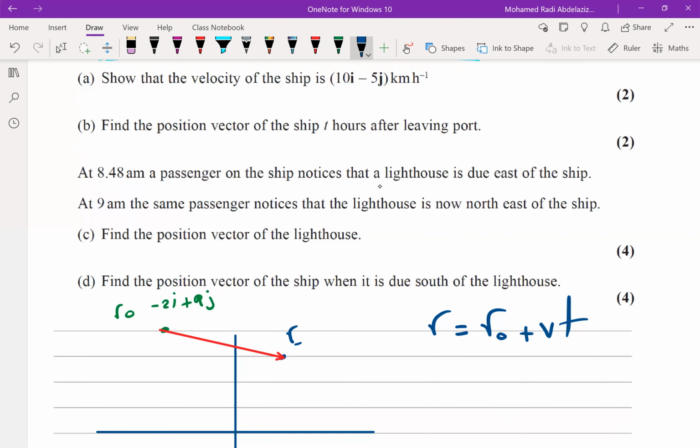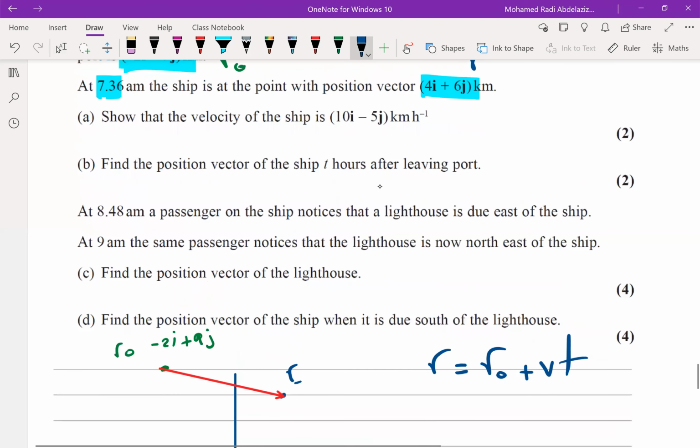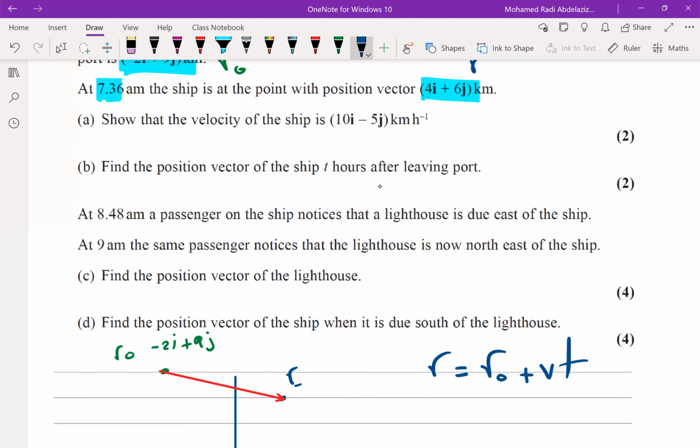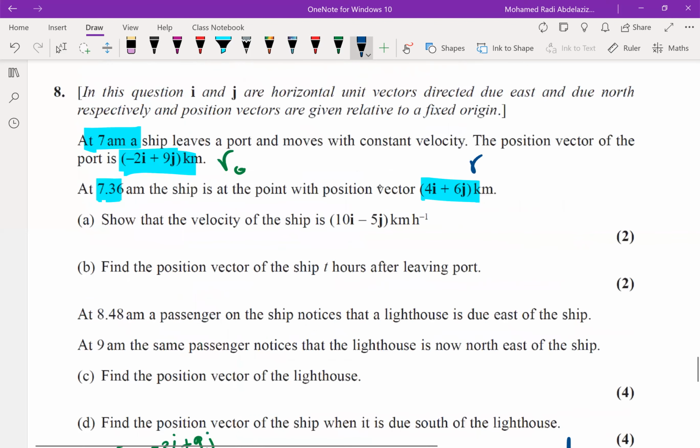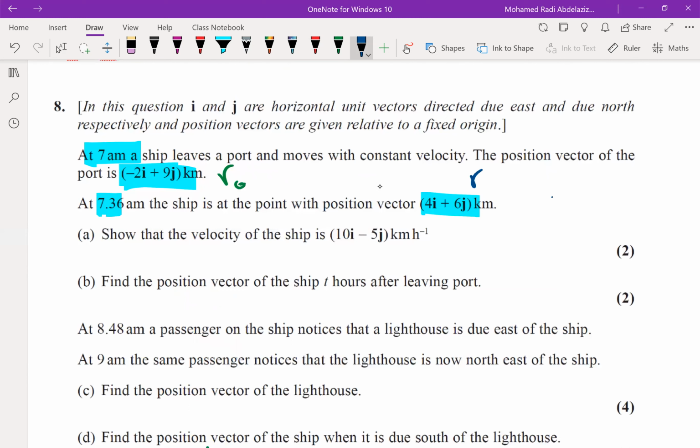The final position given is 4i + 6j, which equals the initial position, -2i + 9j, plus v times t. t is from 7 to 7:36, so the time is 36, but this is in minutes.